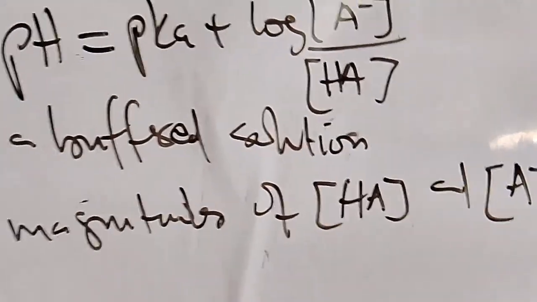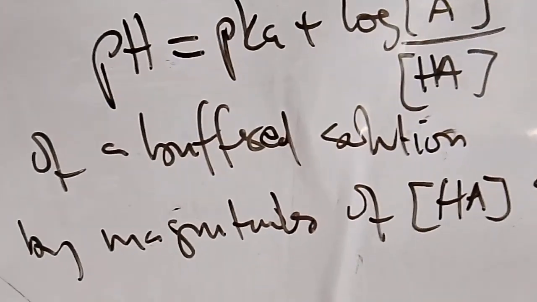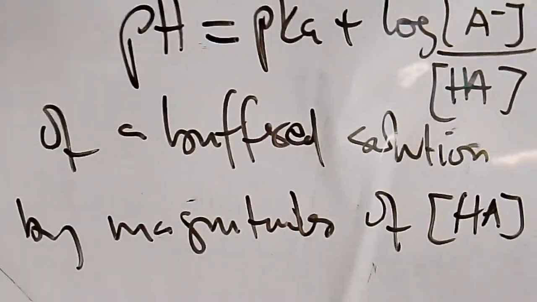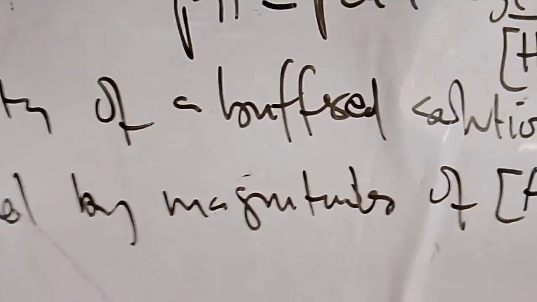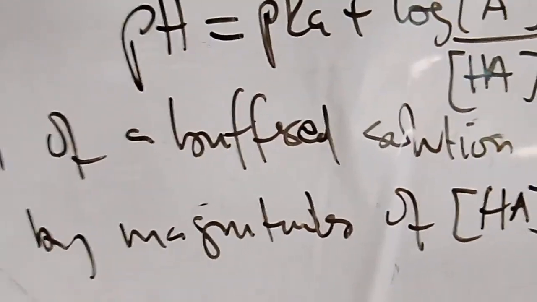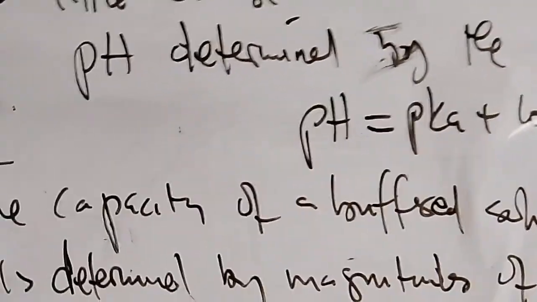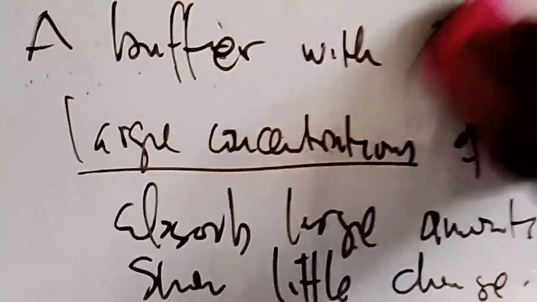We look at how large they are. A buffer with a larger capacity will absorb more protons or hydroxide ions and show little change, but one with a small capacity will absorb little and show some pH changes.